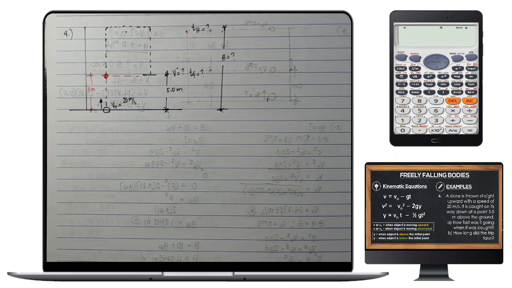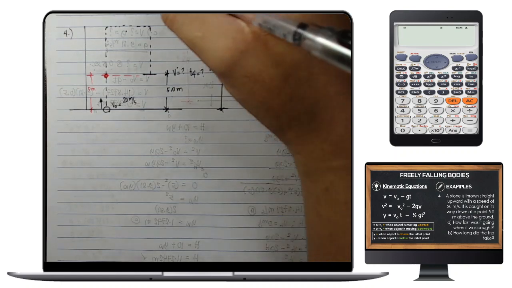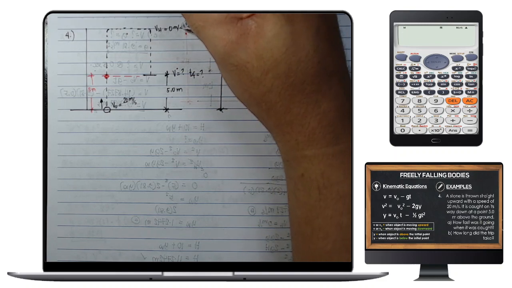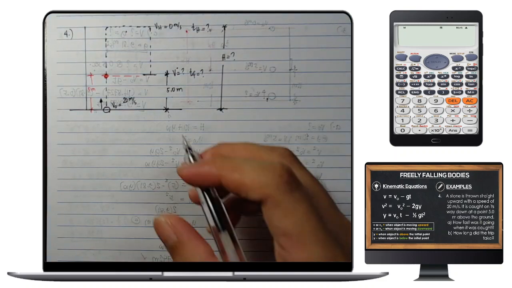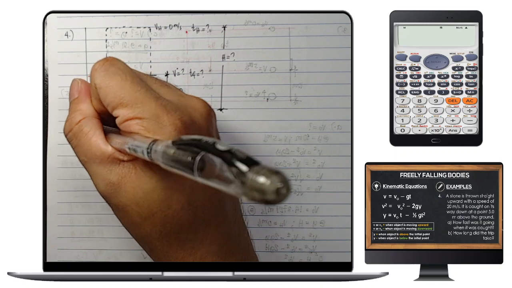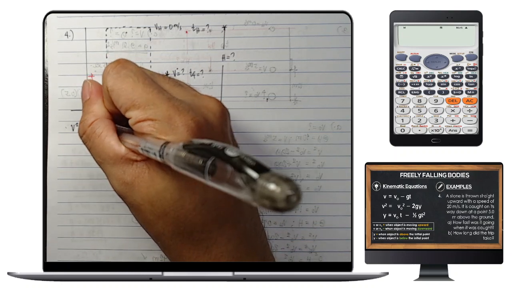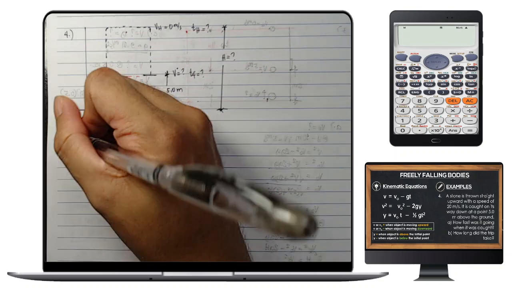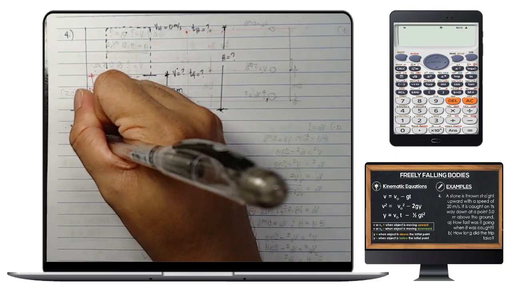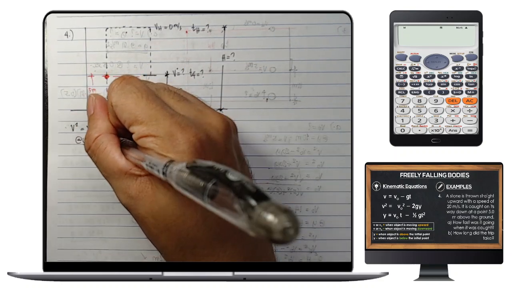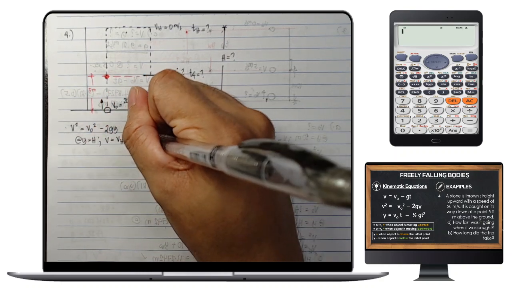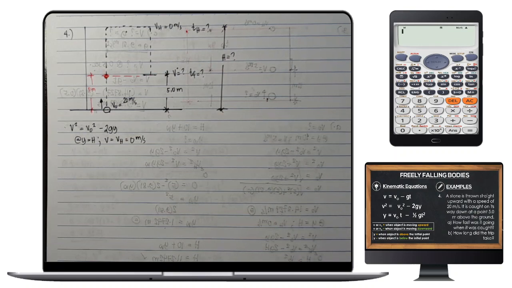So let's find first these values. We know again that the velocity at the maximum height is 0. So that is 0 meters per second. Using the second equation, we have v squared is equal to v0 squared minus 2gy. So at y equal to the maximum height, therefore, yung velocity natin dyan is v sub h, which is 0 meters per second.